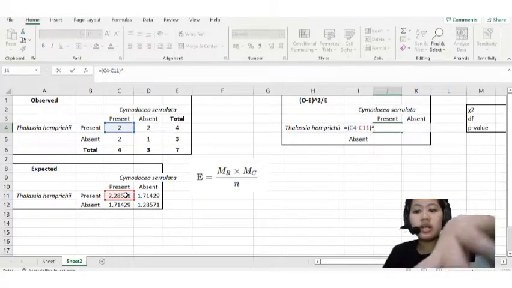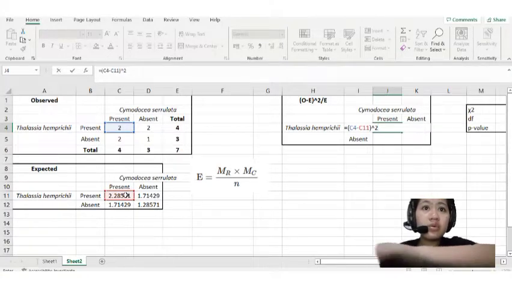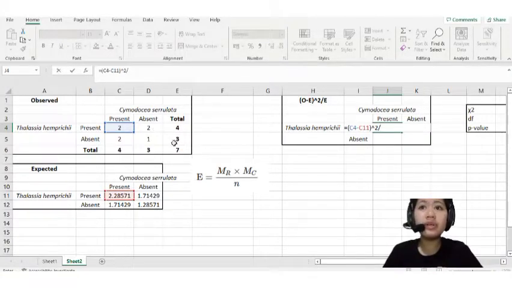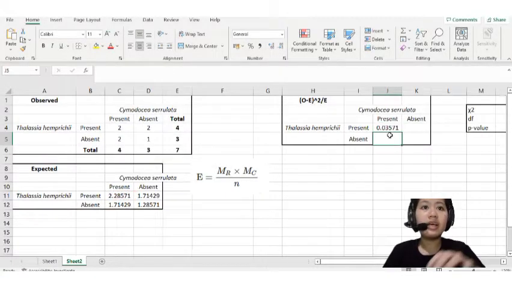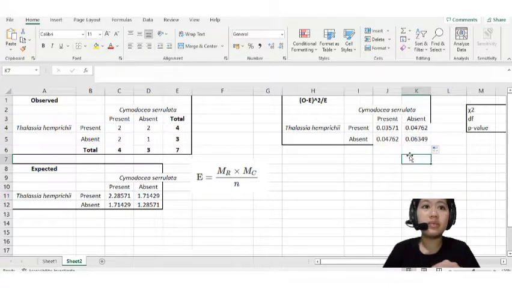We put the caret sign, then squared, over the expected value, which is this again, then enter. We have 0.03571. The same calculations will be done here also, and also there 0.01. So it's very easy.